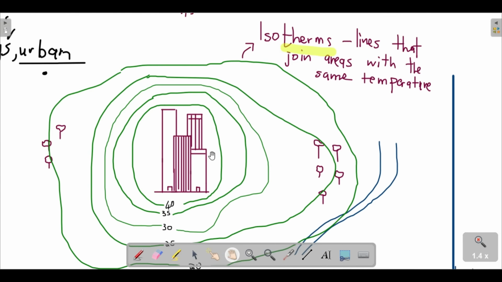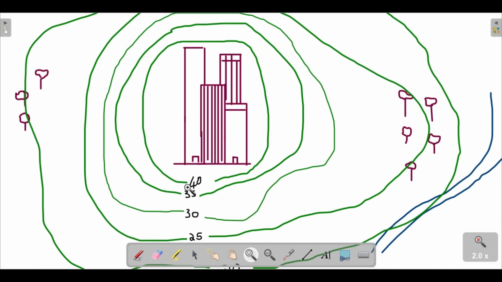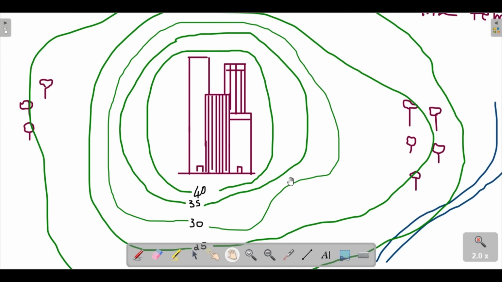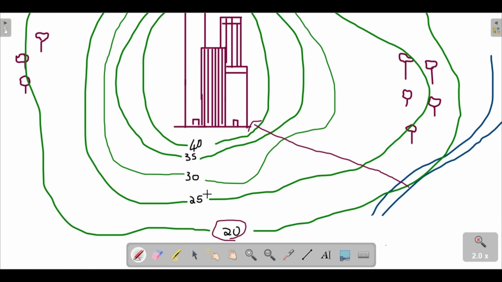I was saying that this phenomenon, which is urban heat island, can be represented by these isotherms. They use these isotherms, and these isotherms, of course, have numbers associated with them. So you're going to find that as you move towards the urban areas, the temperature increases, and it's increasing by intervals of 5 degrees Celsius, right?